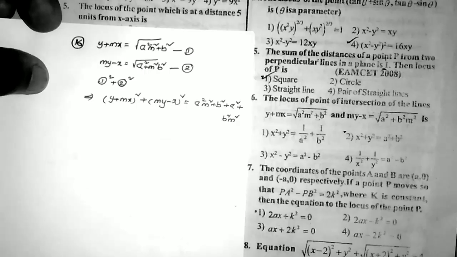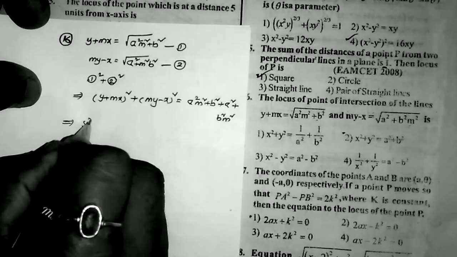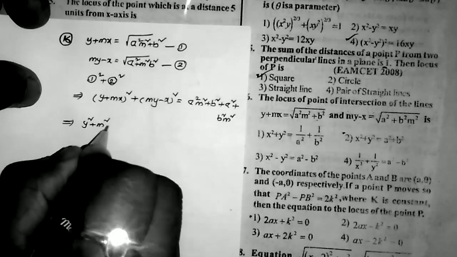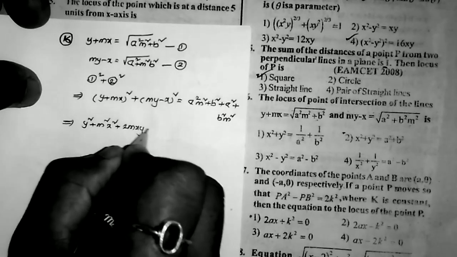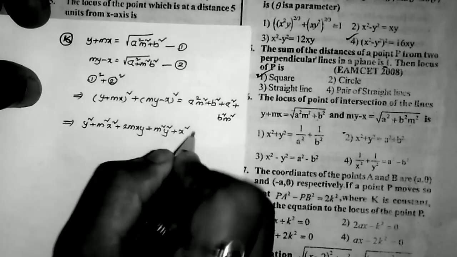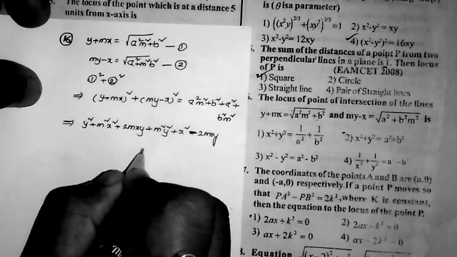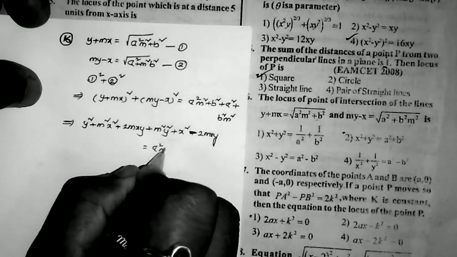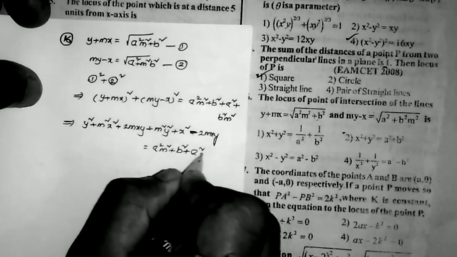Just doing that, squaring and adding both of the equations, which implies taking the expansion here, y square plus m square x square plus 2mxy plus m square y square plus x square minus 2mxy is equal to a square m square plus b square plus a square plus b square m square.